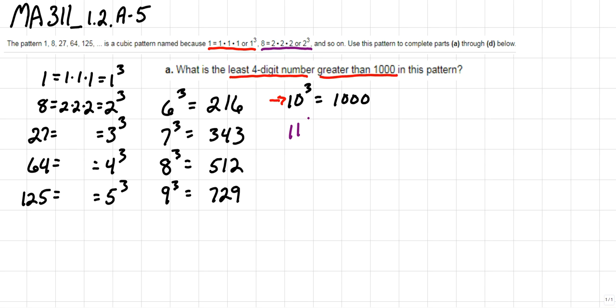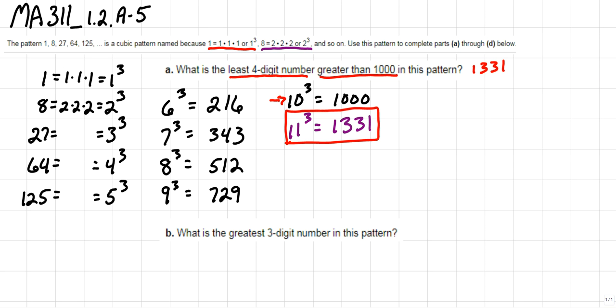That would be 11. Then 11 cubed is equal to 1,331. And this is going to be the answer for part A, 1,331.